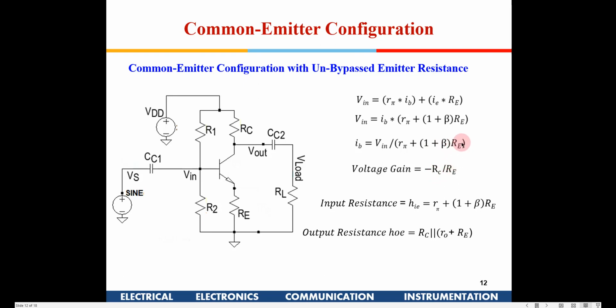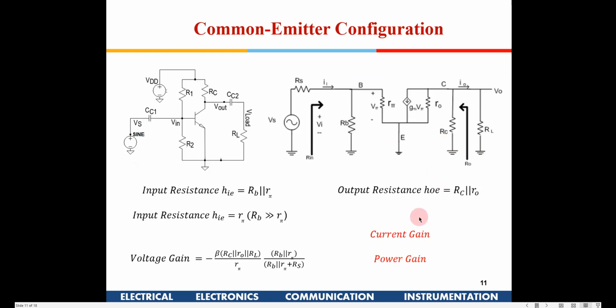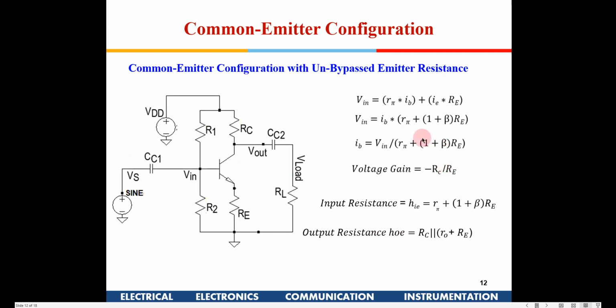Output voltage Vout will be beta IB RC. If you divide by Vin, in the denominator you will have r pi plus 1 plus beta RE.